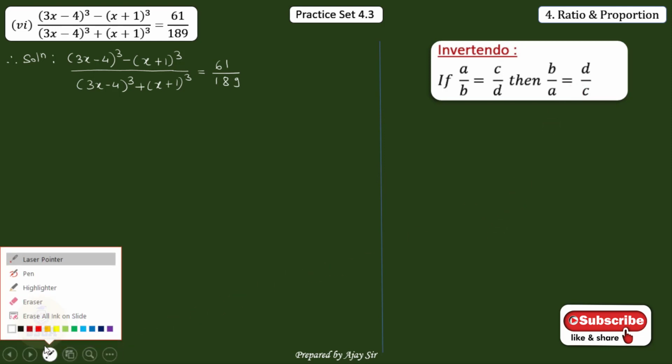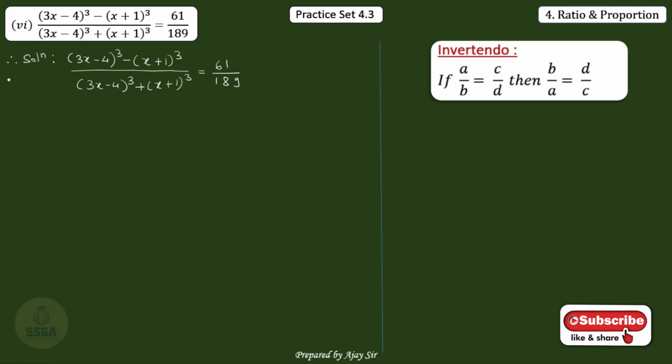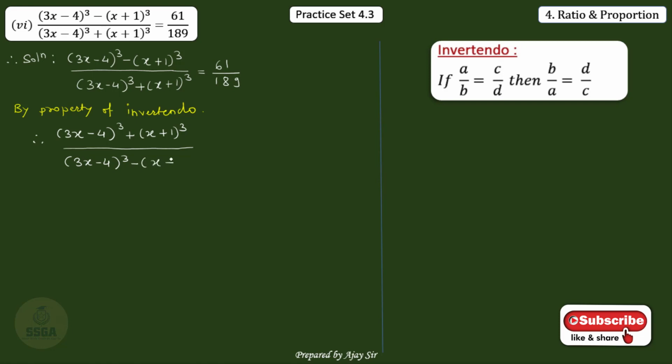So by the property of invertendo, we get, applying this property on both sides, the left hand side becomes: the denominator goes to the numerator, that is the plus sign term comes as the full term, and the numerator goes to the denominator. So this is (3x minus 4) bracket cube plus (x plus 1) bracket cube divided by (3x minus 4) bracket cube minus (x plus 1) bracket cube.